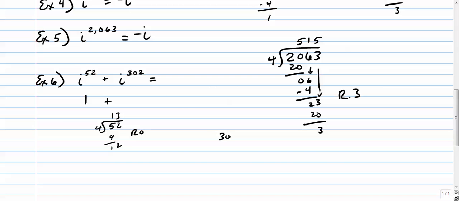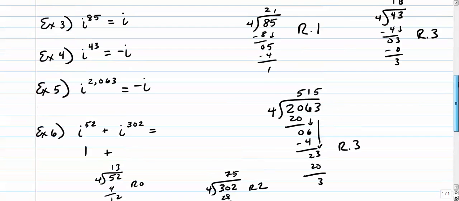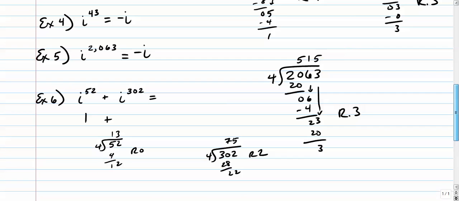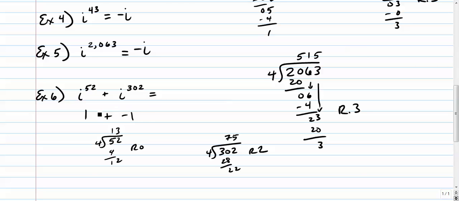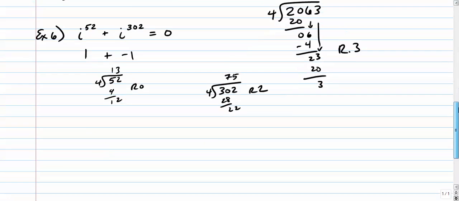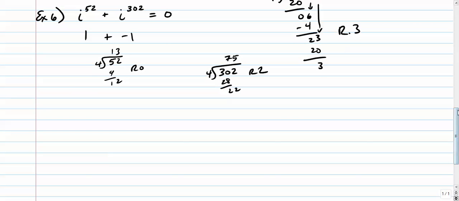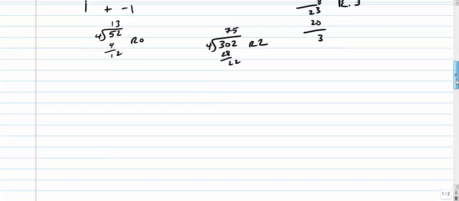Plus i to the 302nd power, well, let's see, this is 7, 28, 2, 2. So this is R2. R2 is negative 1. So here we have 1 plus negative 1, so that's just 0. And you can come up with all sorts of really complicated examples if you wanted to. Maybe I'll give you 1 or 2 more here.